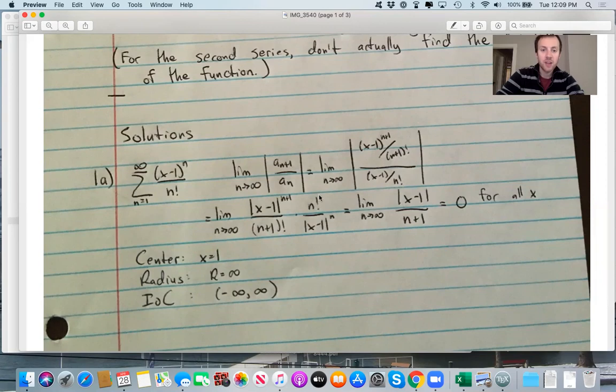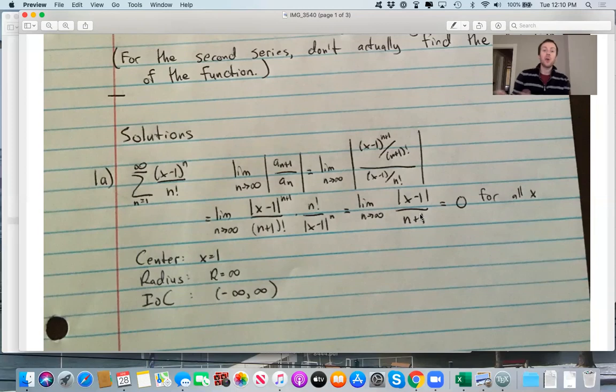For these factorials, n factorial is 1 times 2 times so on up to n. N plus 1 factorial has all of that, but then an extra factor of n plus 1. So if you write the factorials out as multiplication, everything cancels except for this extra factor of n plus 1 on the bottom.